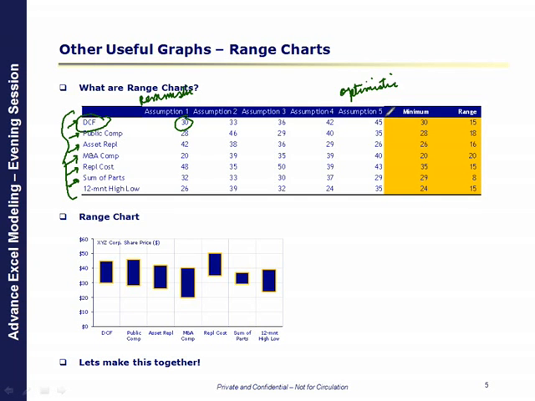However, if I am applying assumption 5, my valuation would be 45. Likewise, if I look at asset replacements, under assumption 1, my valuation is only 42. However, in assumption 5, my valuation goes down further and it is only 26.